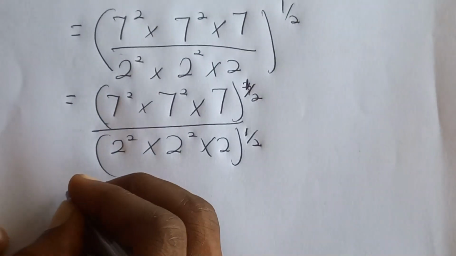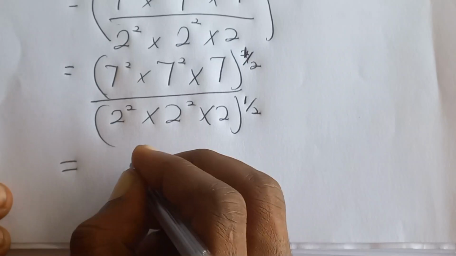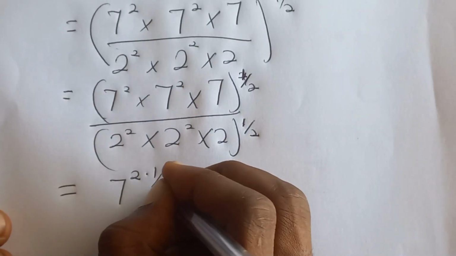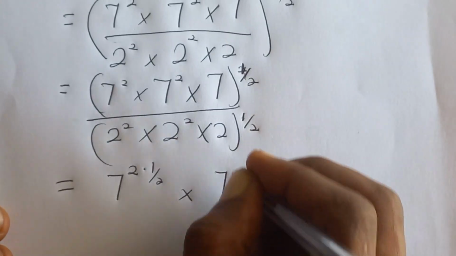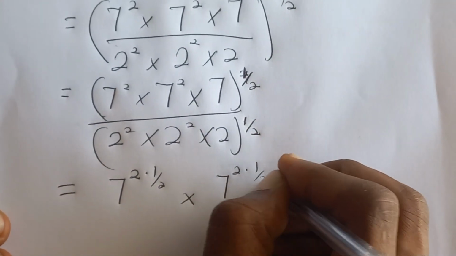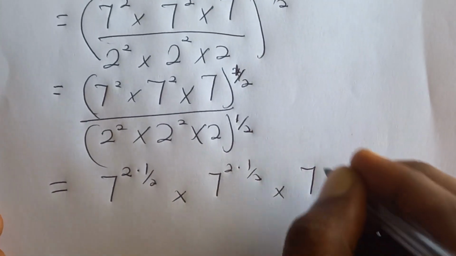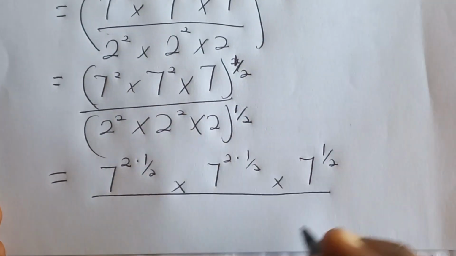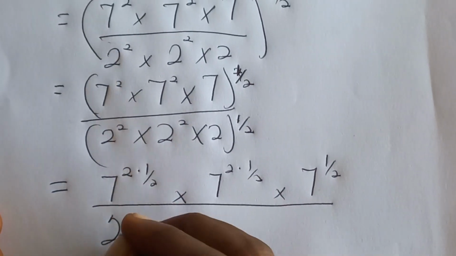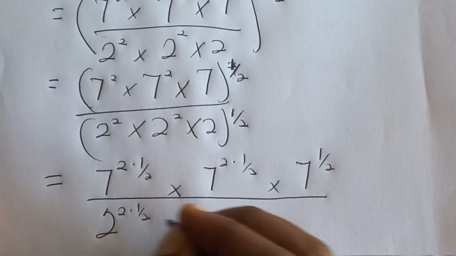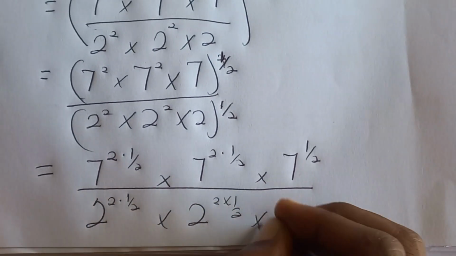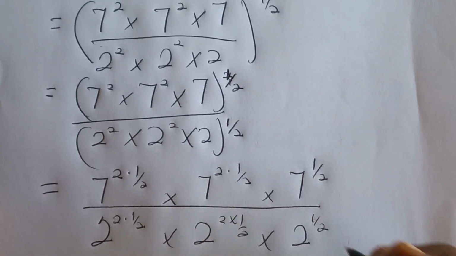So our expression is going to be 7 exponent 2 multiplied by half, multiplied by 7 exponent 2 multiplied by half, then multiplied by 7 exponent half, all over 2 exponent 2 multiplied by half times 2 exponent 2 multiplied by half times 2 exponent half.